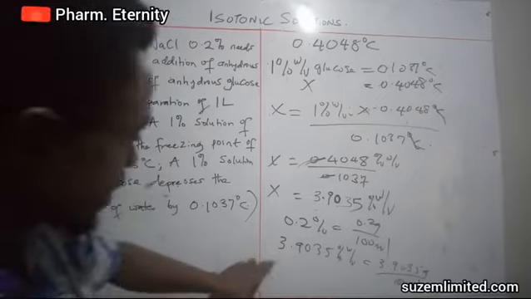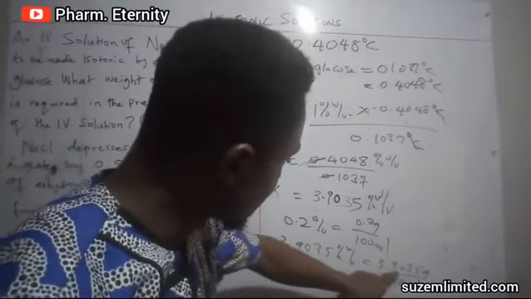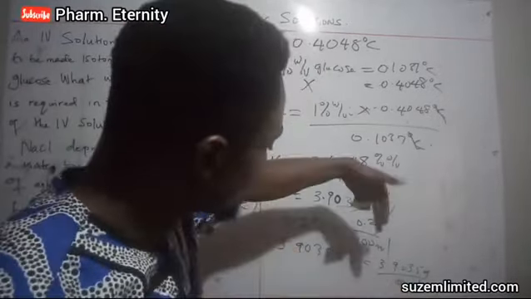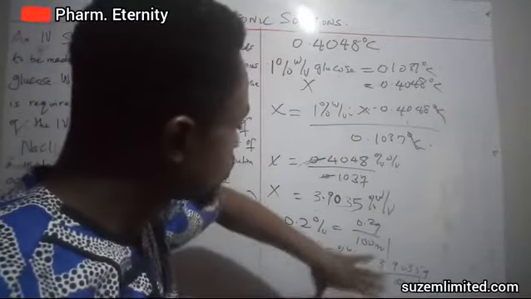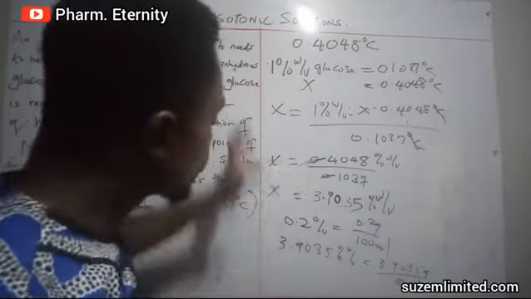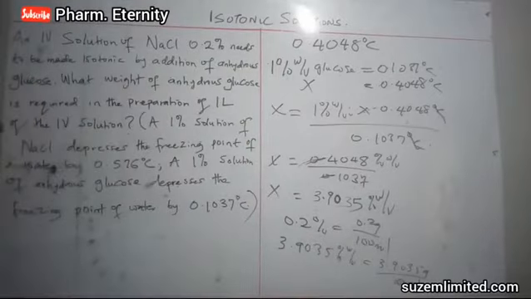This means 3.9035 gram of anhydrous glucose in 100 ml solution.